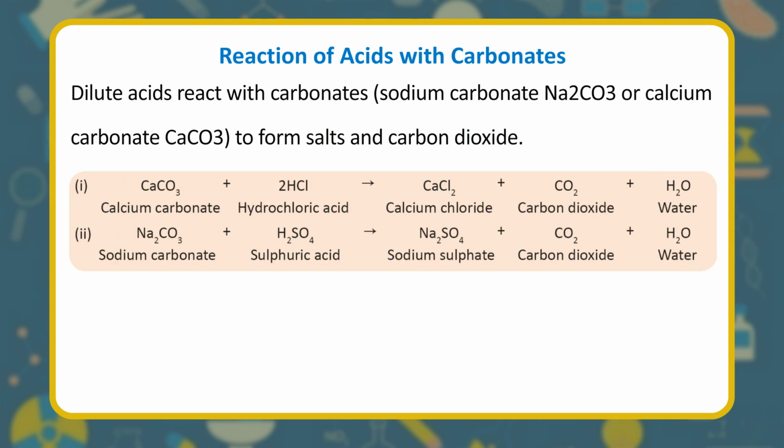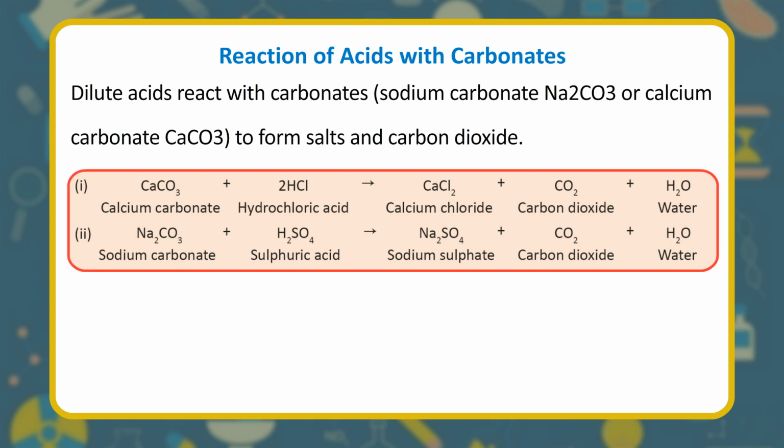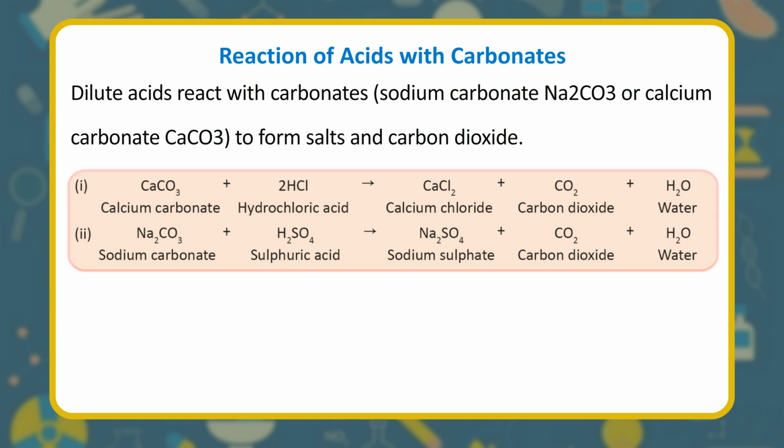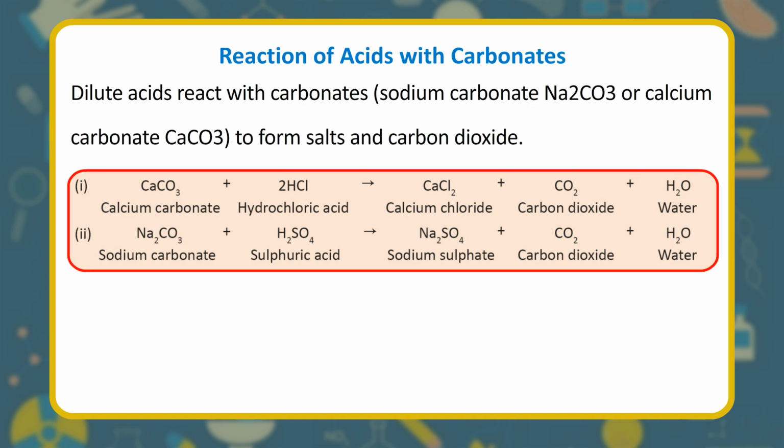Dilute acids react with carbonates, sodium carbonate Na2CO3 or calcium carbonate CaCO3, to form salts and carbon dioxide. CaCO3, calcium carbonate, plus 2HCl, hydrochloric acid, gives CaCl2, calcium chloride, plus CO2, carbon dioxide, plus H2O, water.